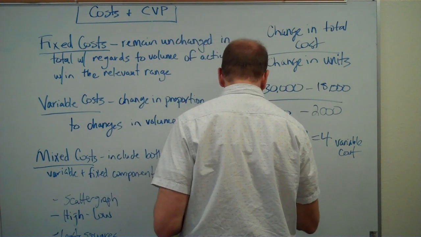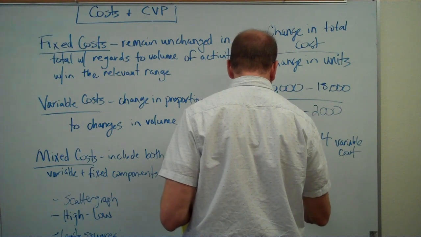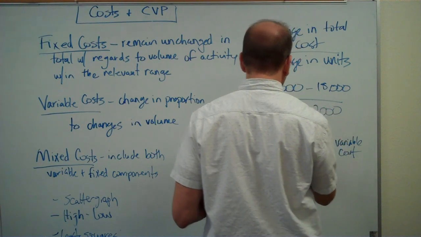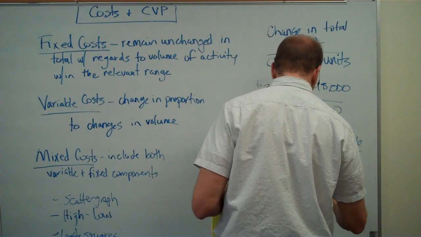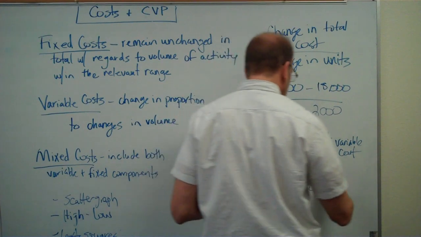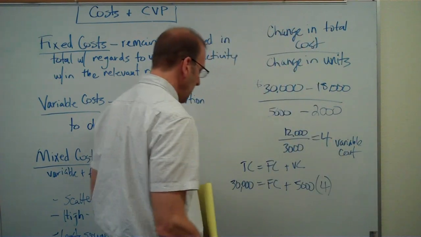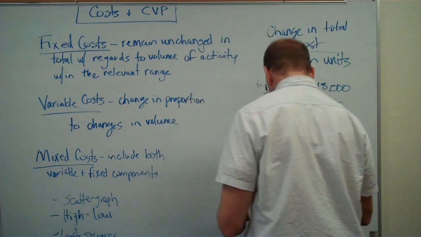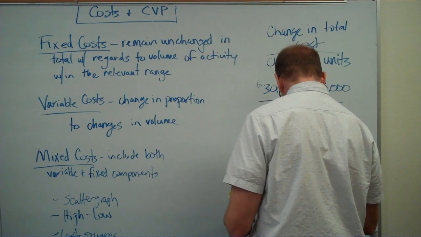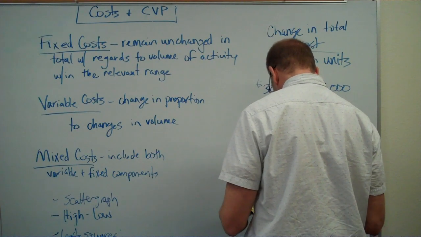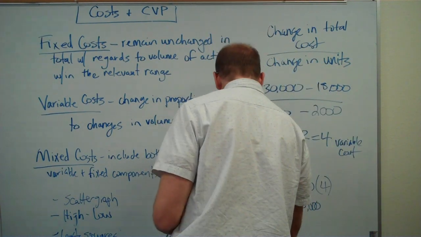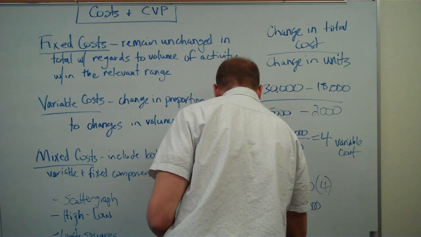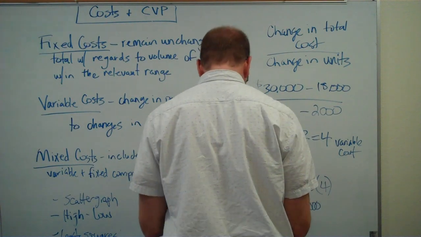30,000 equals our fixed cost, which is what we're solving for, plus our variable cost. We already know we had 5,000 units times what we just solved, $4. So when we solve this, that's 20,000, and our fixed cost is $10,000.